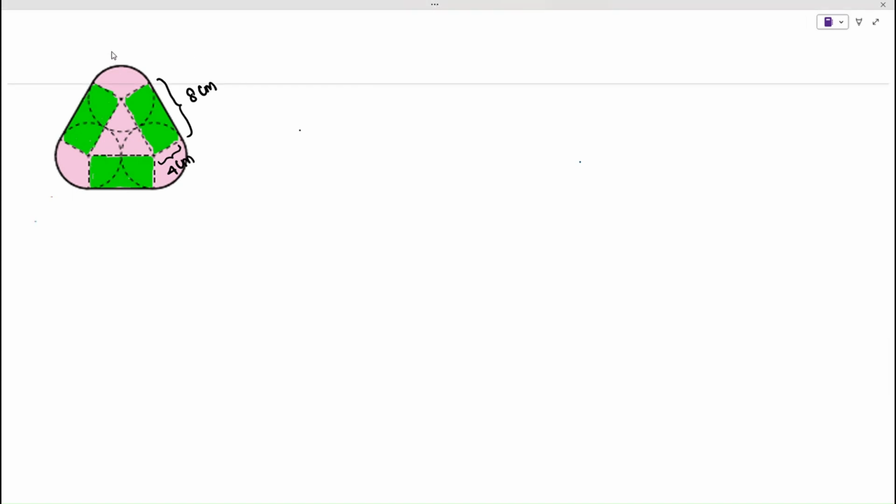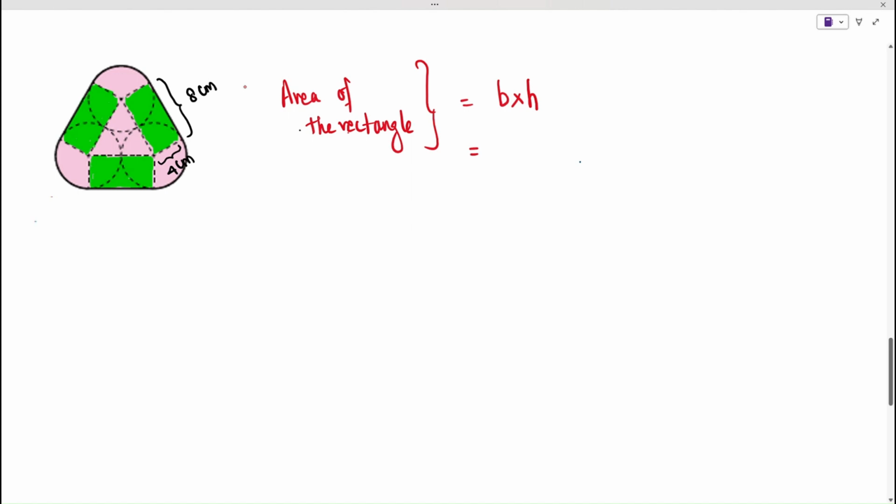And so for the area of a rectangle, we have our equation for area as base times height. And if we substitute our values, so our base can be 4 centimeters and our height can be 8. And so we have 4 times 8 is equal to 32.